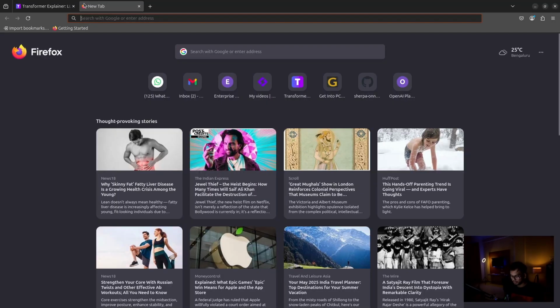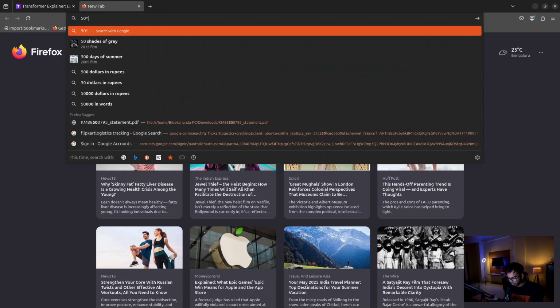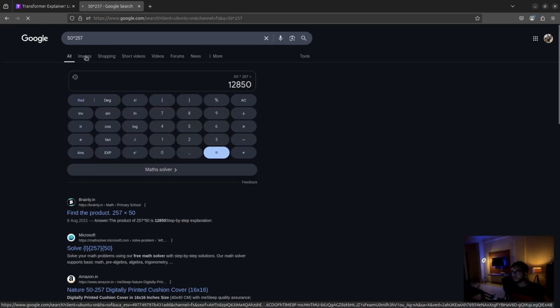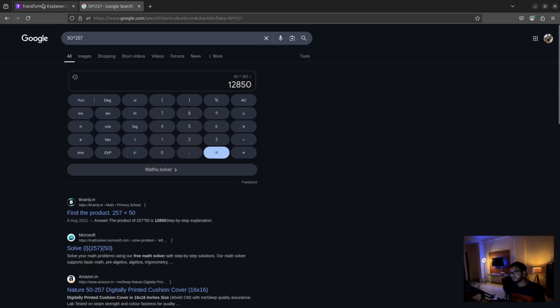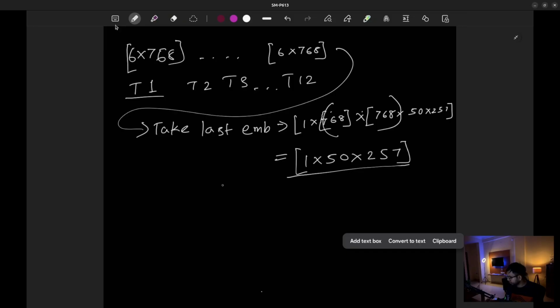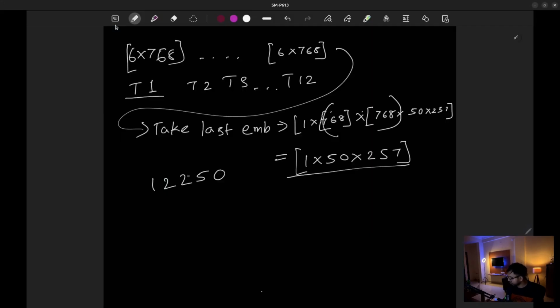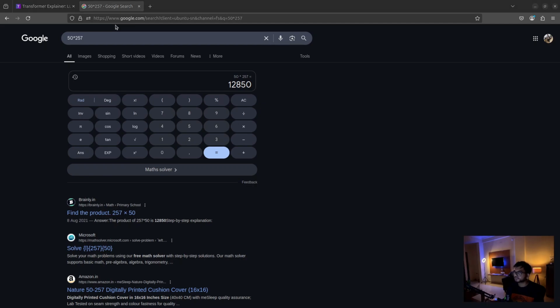Let's do the math. 50 into 257 is 12,850. So we have this many logits.